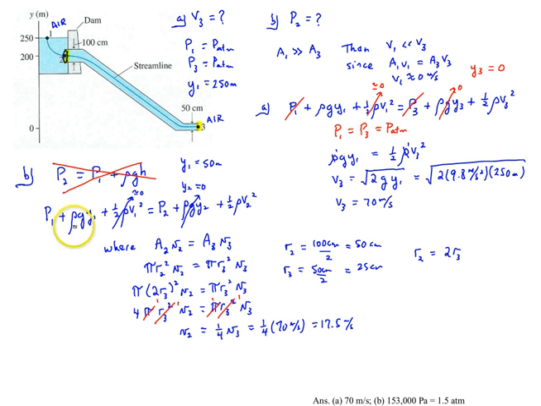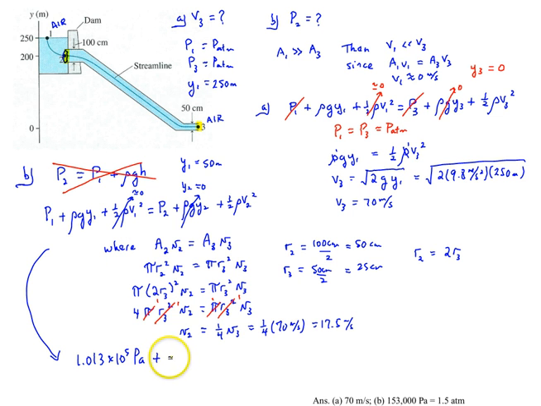Okay, so now what we're ready to do is to plug in everything. We've got our y1 now, we have our velocity 2 now, we have everything else, and we're looking for pressure 2. And we'll assume that pressure 1 is atmospheric pressure. So I'm going down here now and continuing this. We have 1.013 times 10 to the power of 5 pascals.